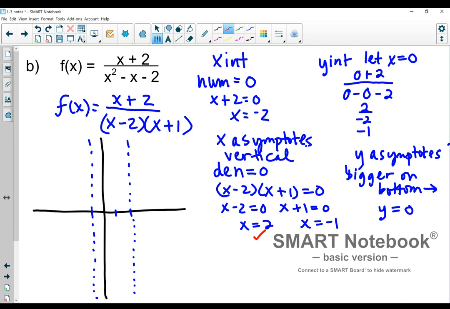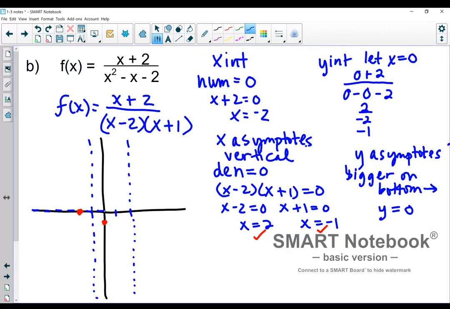Okay. My actual x-intercept is at -2. So let me make a point at -2. I'm going to do my graph actually in red, I think. And then my y-intercept is -1. And then my y asymptote is y equals 0, my horizontal or my y.